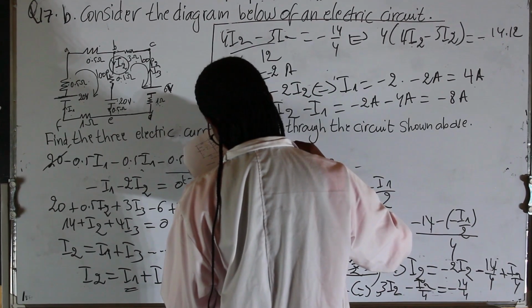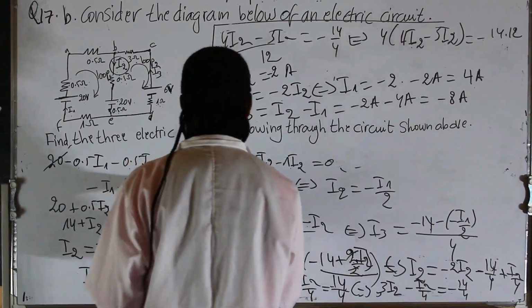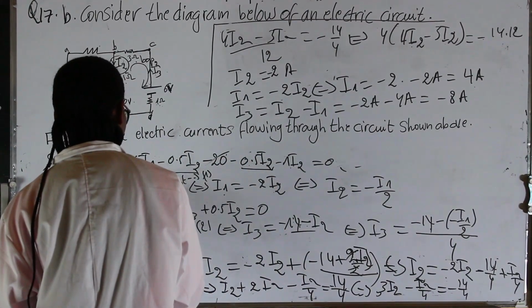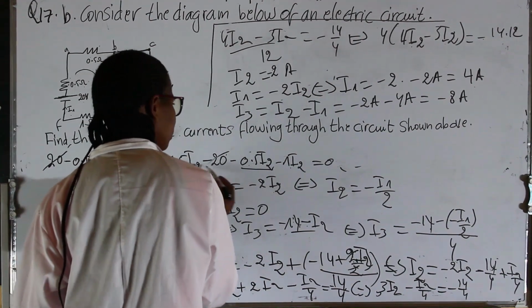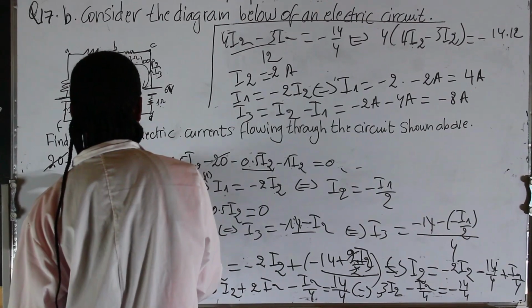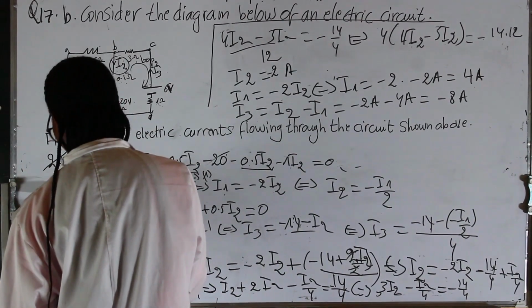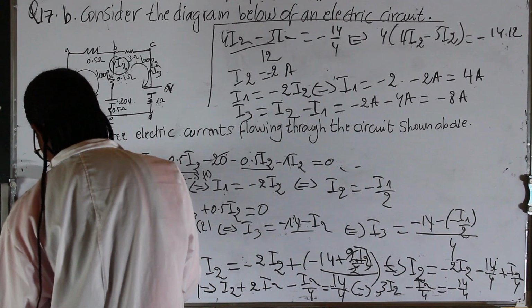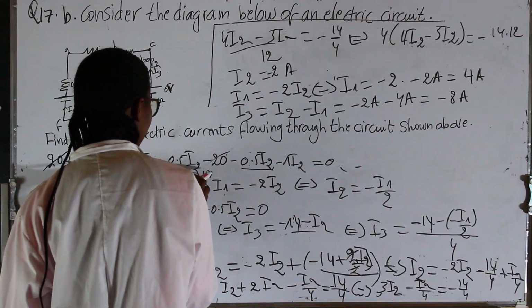Minus 2A. So I1 equal to minus I1, minus 2 I1.